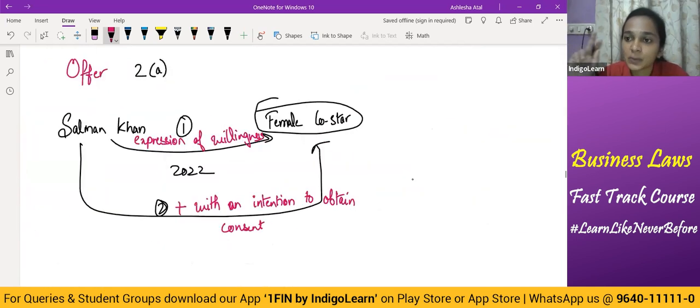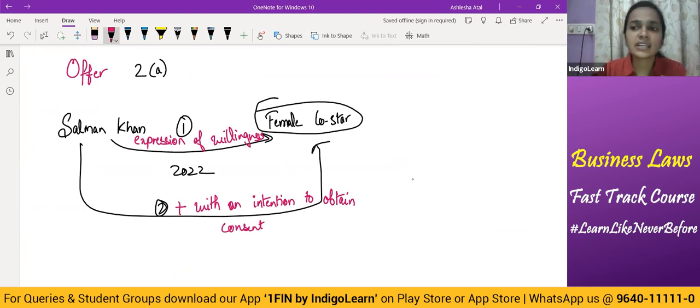Are you all clear with what is an offer? Breaking down the definition of offer, when a person is signifying his willingness to the other person to do something or not to do something with an intention to obtain the assent of that other person, we say that an offer is made, or we say that a proposal is made.